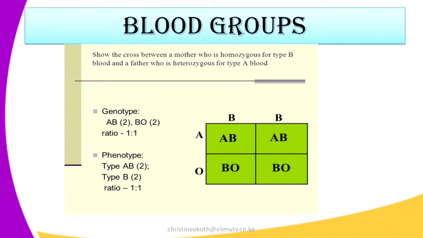So he has genetic makeup of A and O. So if you cross over using a Punnett square, the first offspring is going to have AB, the other child is going to have AB, the third one will have BO and the fourth one BO. So here the chances are also 50-50. They can have 2 kids having blood group AB and the other kids having blood group BO, which means the blood group is just blood group B.